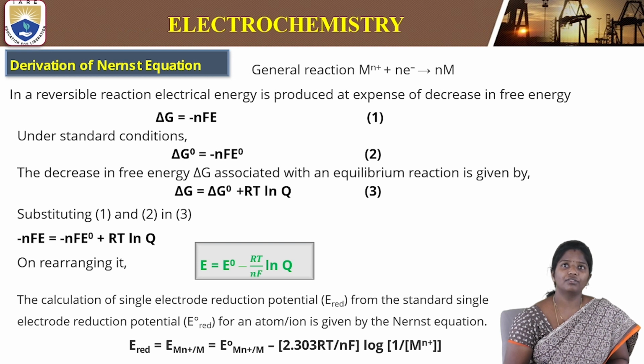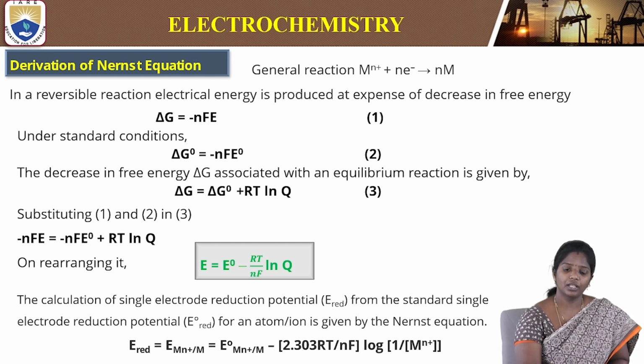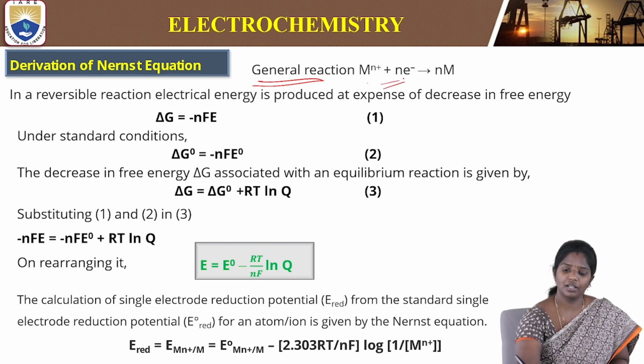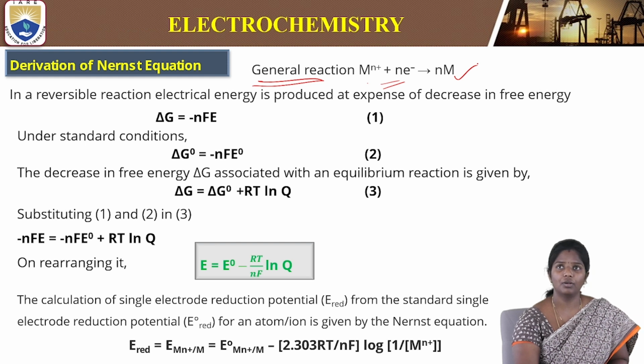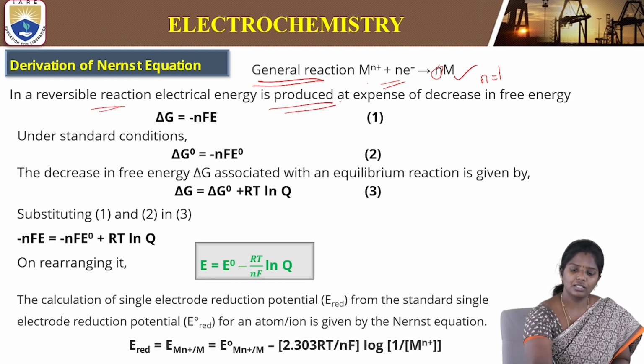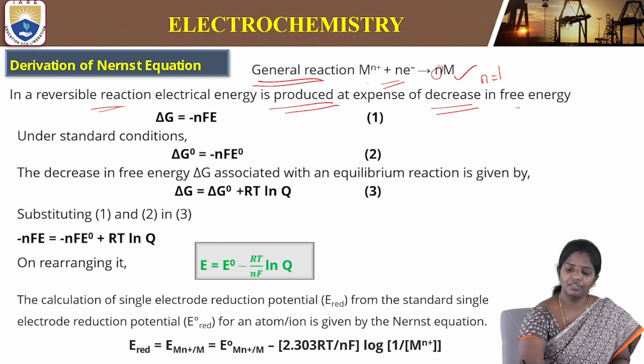So, the derivation of the Nernst equation, let us see. This is a general equation where Mn plus takes up electrons and forms a metal. This n will always be 1 in the case of metals. In a reversible reaction, electrical energy is produced at the expense of a decrease in free energy.